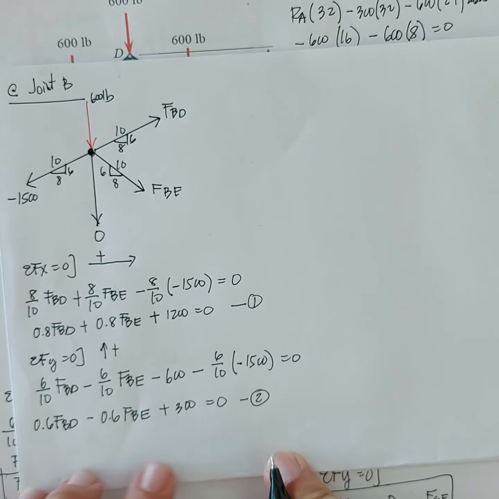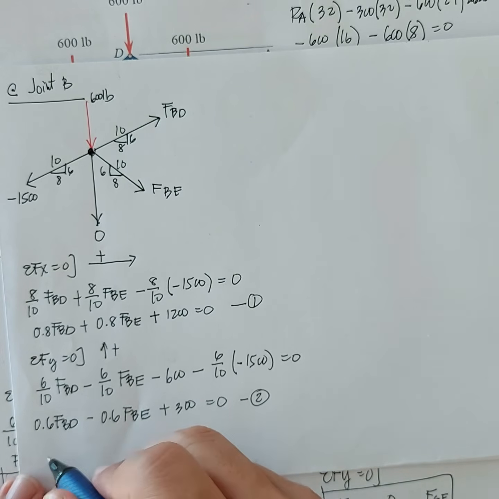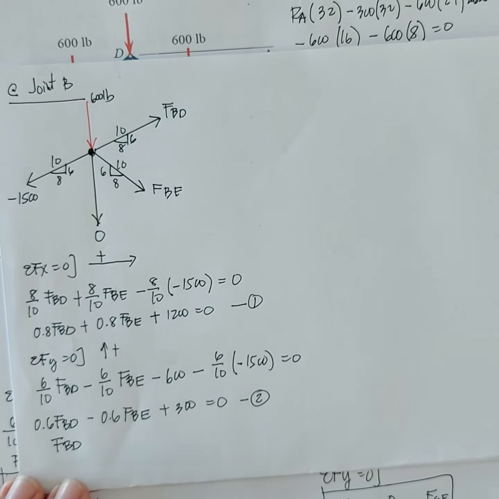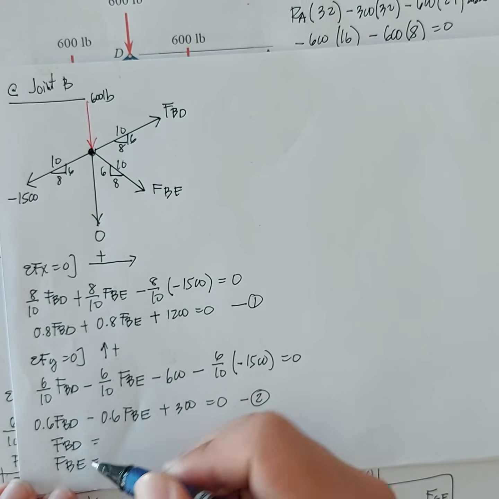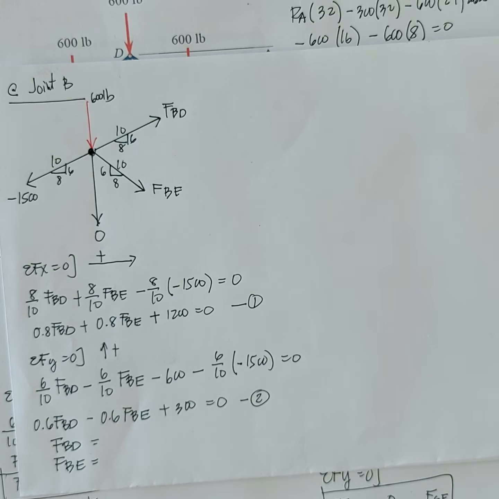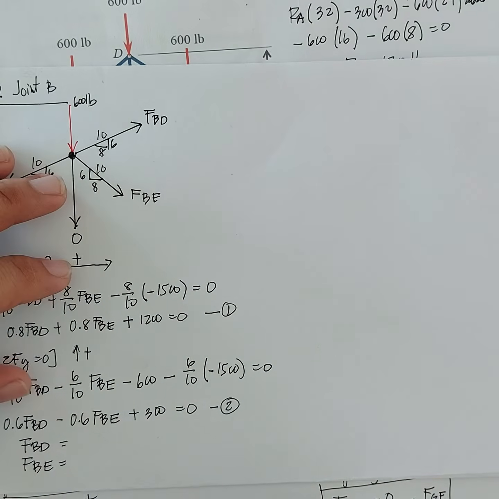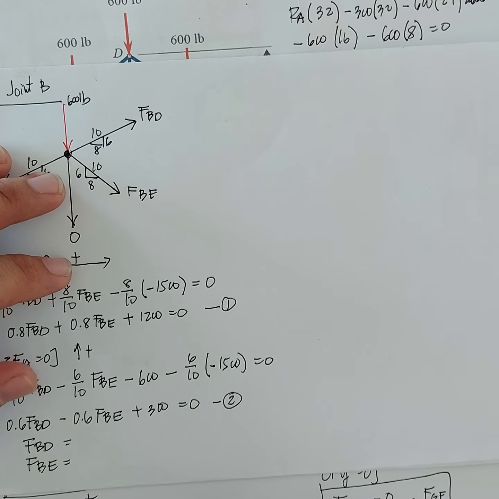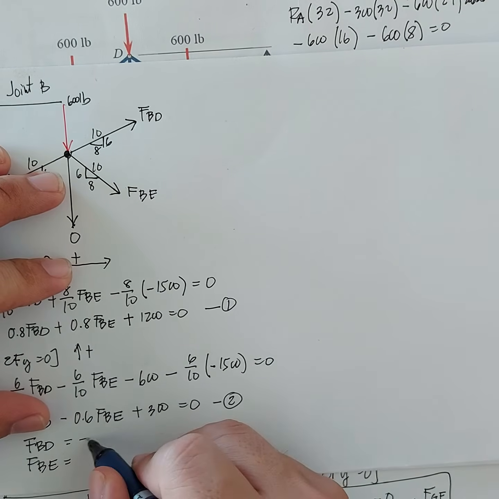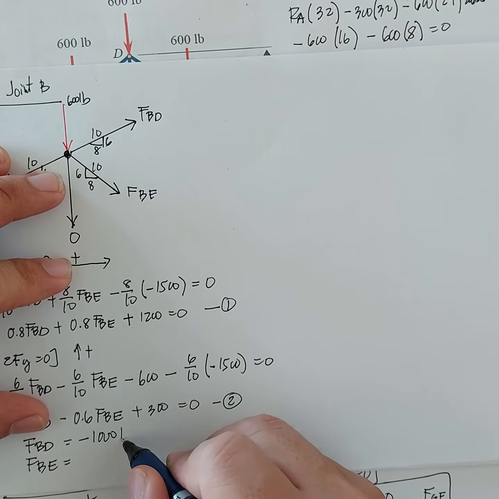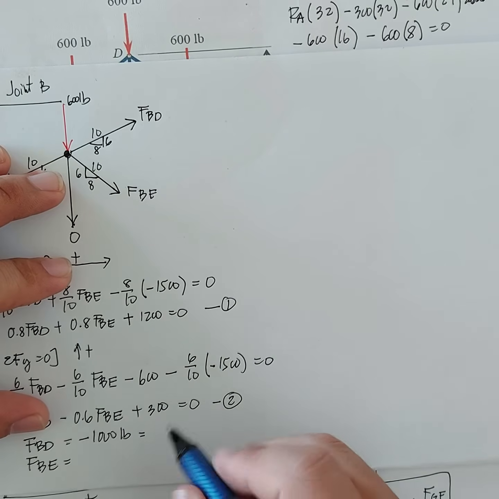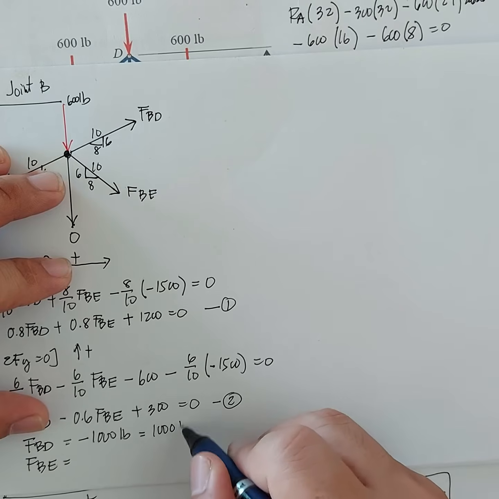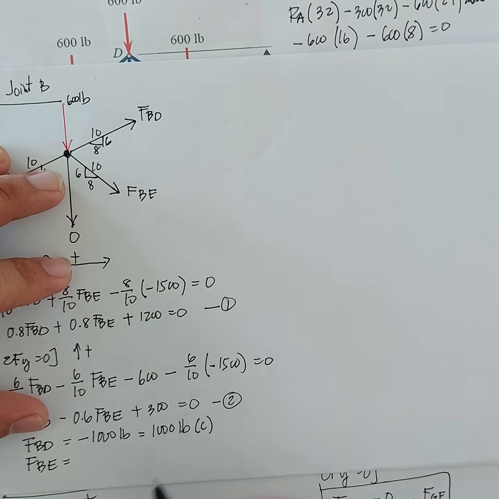So we can now solve this equation simultaneously. So we can now solve for FBD and FBE. You can use your calculators, equation solvers of your calculator. Okay, FBD, using your equation solver, is negative 1,000 pounds, which means that this is also equal to 1,000 pounds in compression.